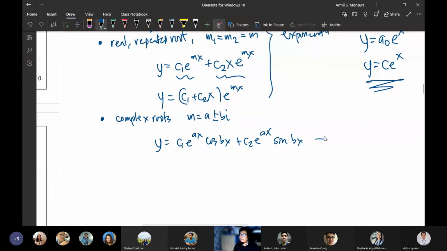If your roots are complex, your solution is sinusoidal. You have to remember that.